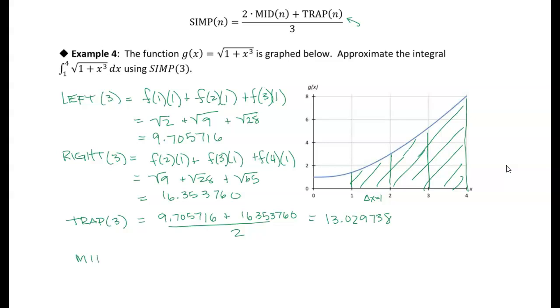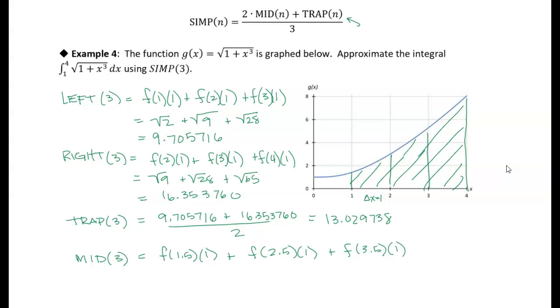So I'm going to do mid for 3 intervals. Okay. So now I have to take the midpoint. So I'm going to have f at 1.5. Again, my interval width is 1. And then f of 2.5 times 1 plus f of 3.5 times 1.